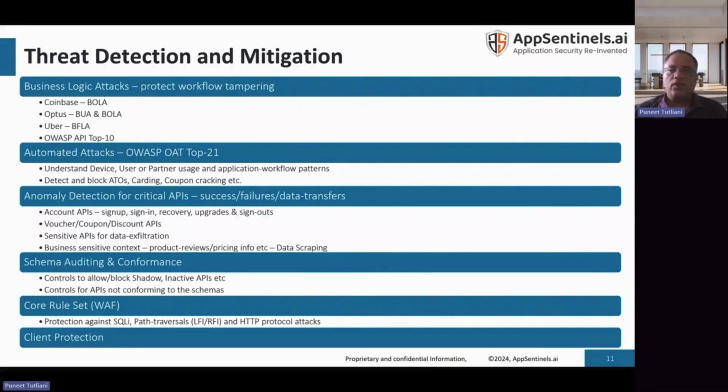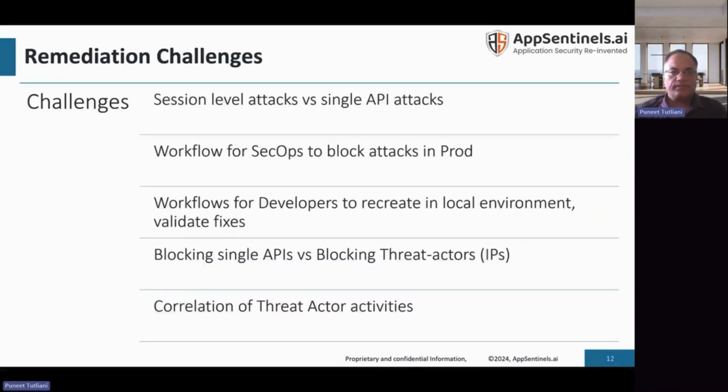You should be able to sort of protect your applications against such kind of clients calling your APIs. So this is a very comprehensive 6 or 7 different layers of security that you need for your runtime protection, and that's all something which App Sentinels has in its portfolio.